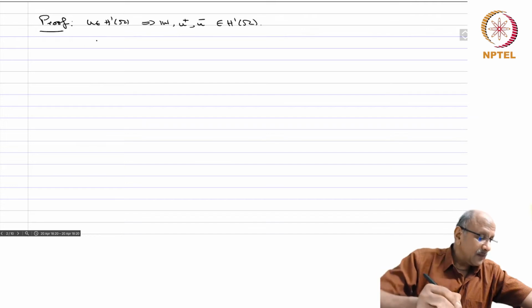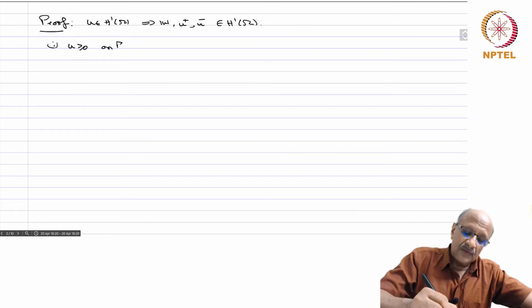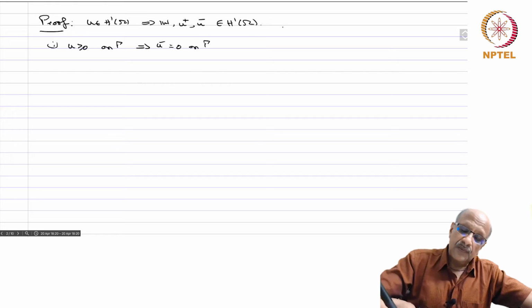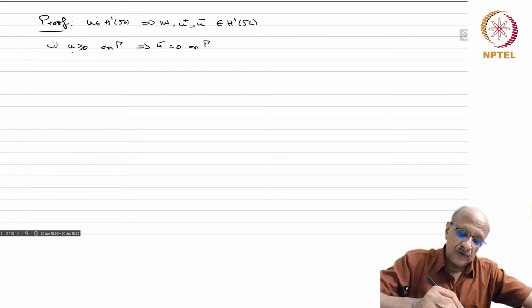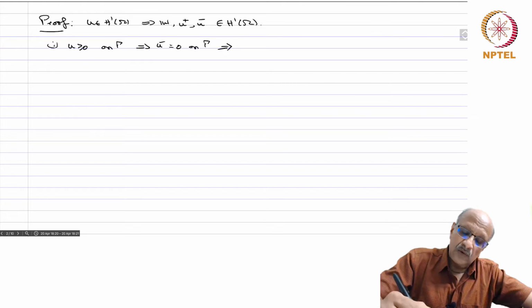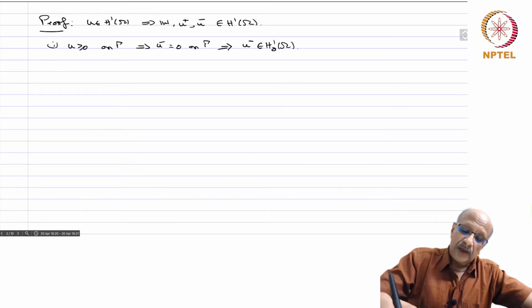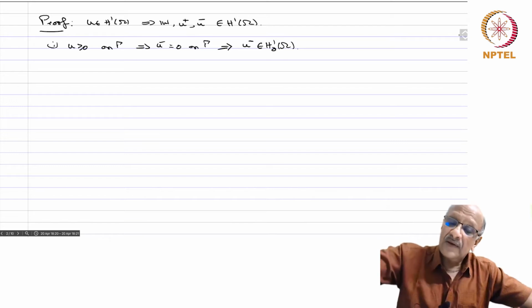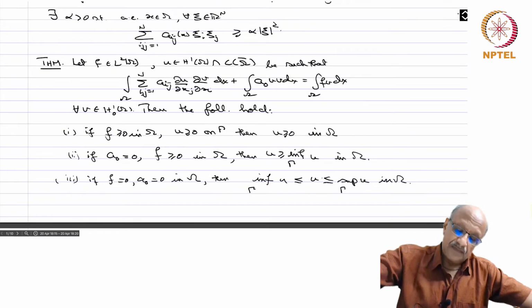Now if u is greater than or equal to 0 on gamma, this means that u minus equals 0 on gamma, because u equals u plus minus u minus, and mod u equals u plus plus u minus, and therefore u equals mod u, since u is greater than or equal to 0. So u minus equals 0 on gamma. That means u minus belongs to H1_0 of omega, so we can use u minus as a test function in star.